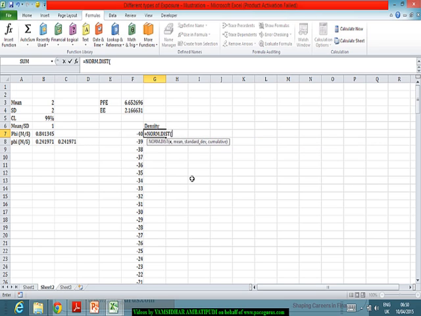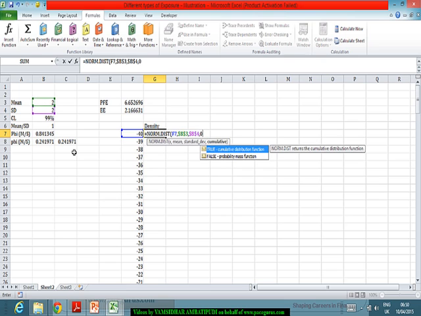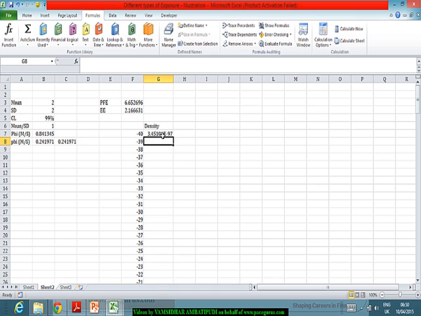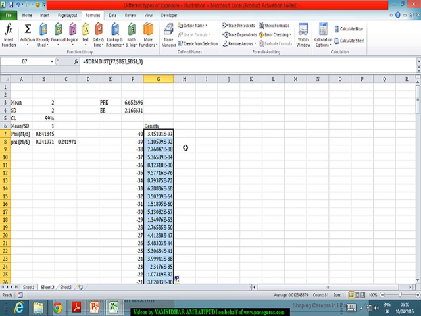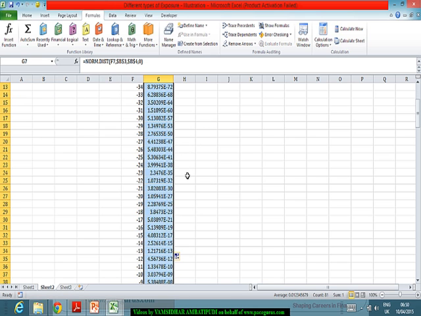Corresponding to this minus 40, with the mean being around 2, standard deviation being around 2, and I don't want it cumulative, so I'll go for a density function. So I have the probability density function across all these coming out to be something like this.